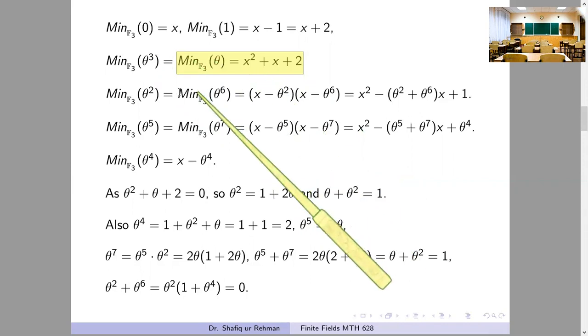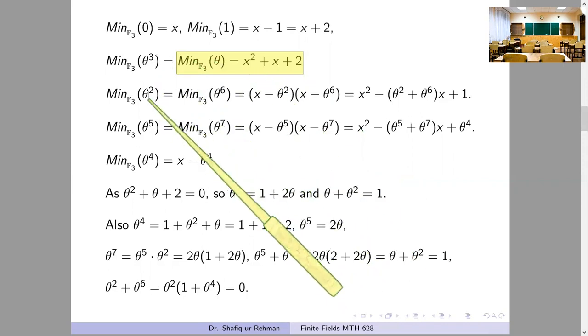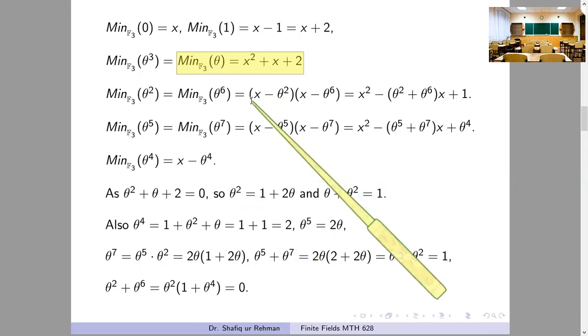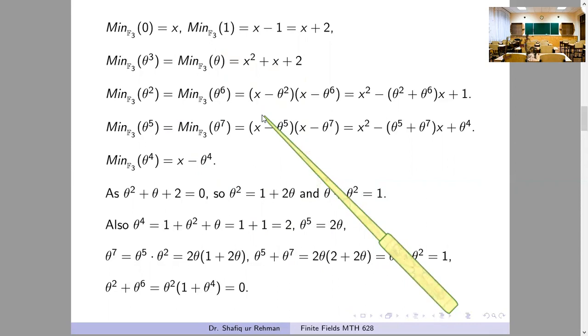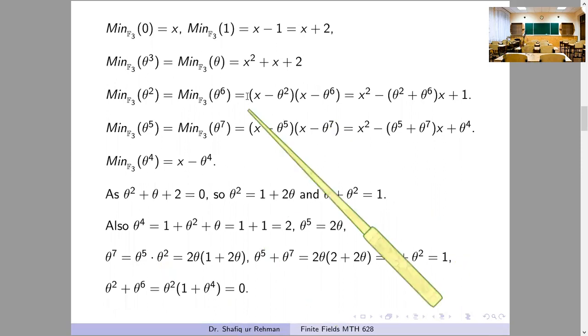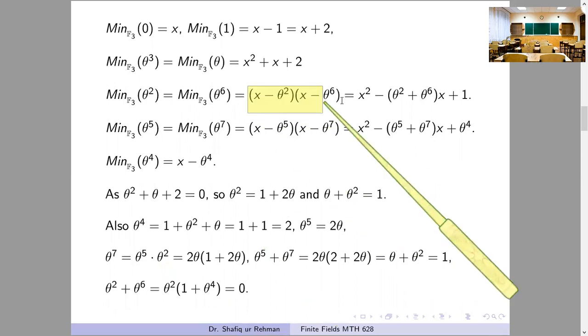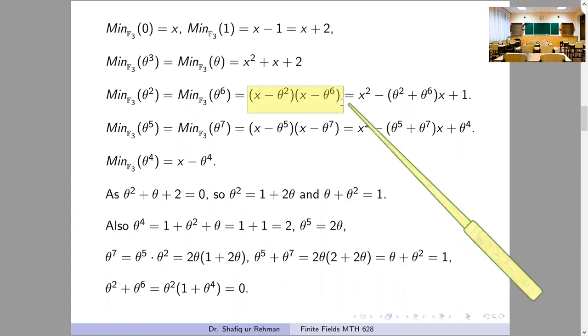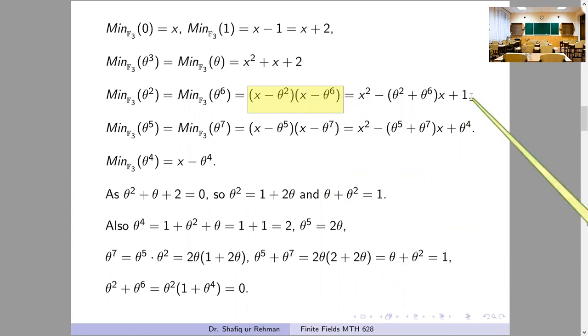Now the next part: what is the minimal polynomial of theta square? We have to see its set of conjugates. For theta square, we have these two elements. These two elements will have the same minimal polynomial, given by taking the linear factors using these roots, that is x minus theta square and x minus theta 6, and after calculation we get this.